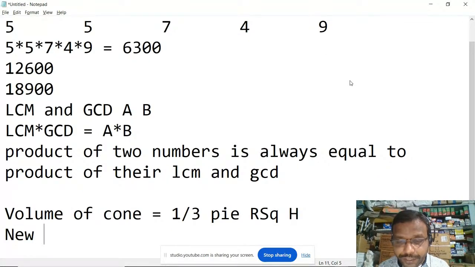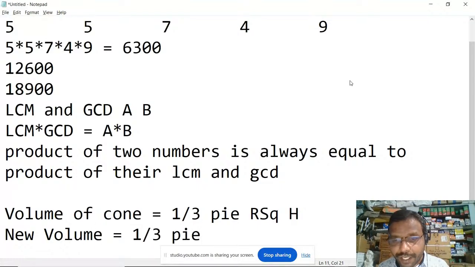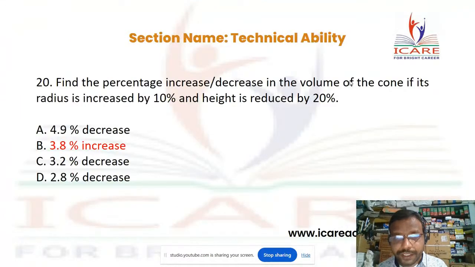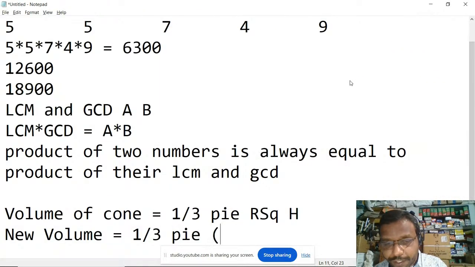New volume is equivalent to 1 by 3 pi. R should be how much? The radius is increasing, so definitely it should be 110% by default. R is 100%.